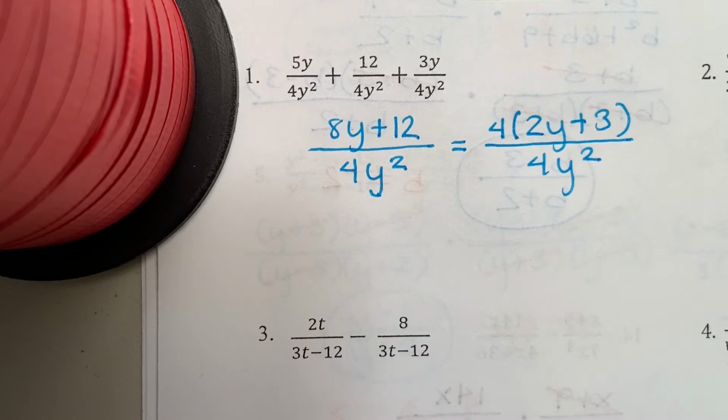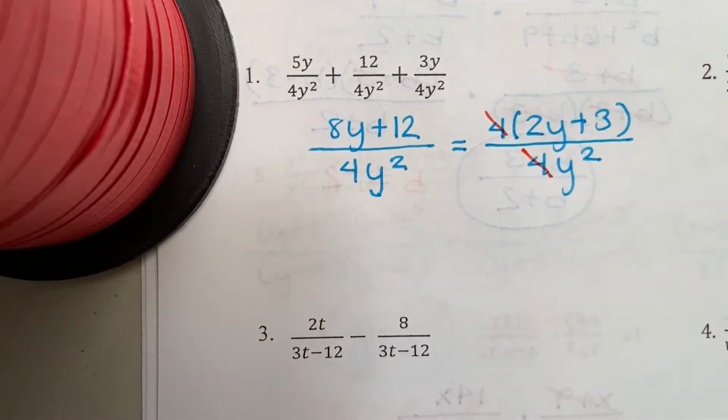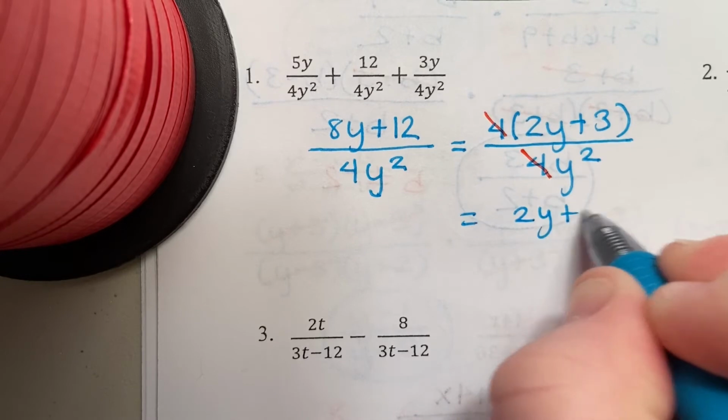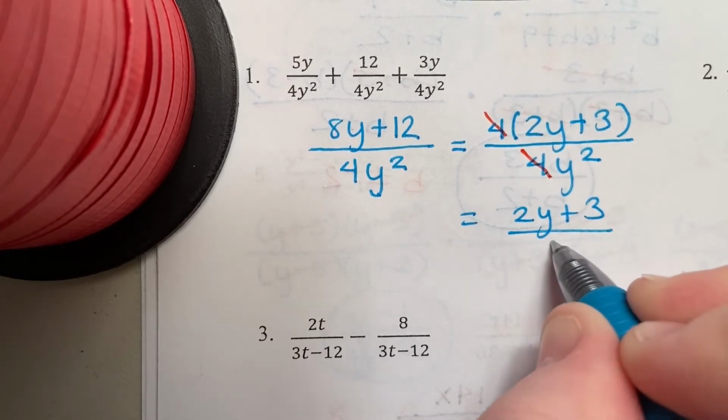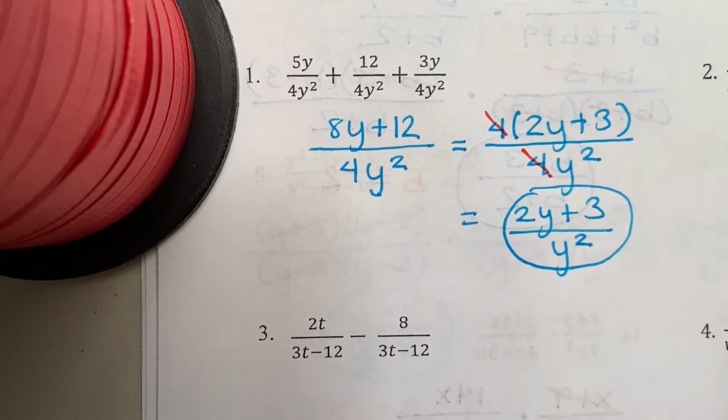You'll notice that both of those have a 4 in common in the numerator and the denominator. So that 4 would cancel out, leaving me with 2y plus 3 divided by y squared. And if we wanted to think about extraneous solutions, we would say that y could not be 0.